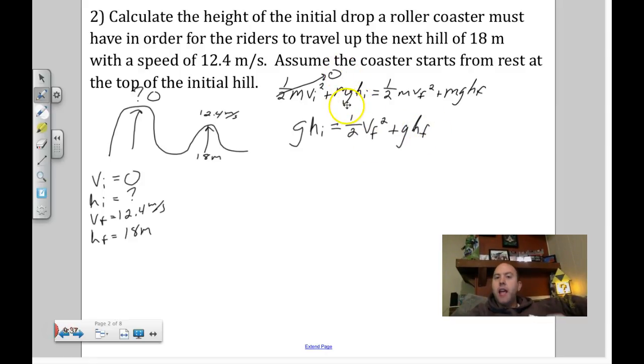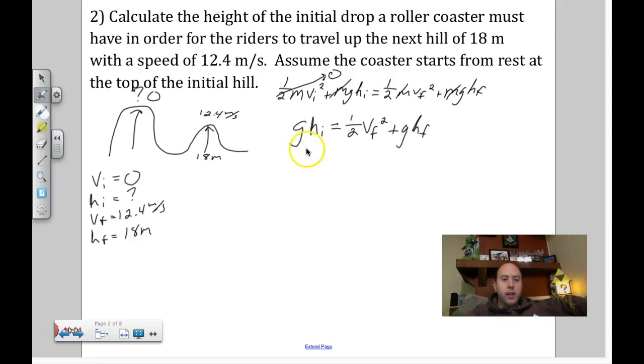Because everybody brought mass to the party, mass goes bye-bye. Note, I cannot do that to gravity, because yes, there's gravity here and there's gravity here, but there's no gravity in 1/2 final velocity squared. So you can't cross out the gravities. Again, everything has to bring the same thing to the party. Everybody brought mass to the party, so mass is gone. Bye.